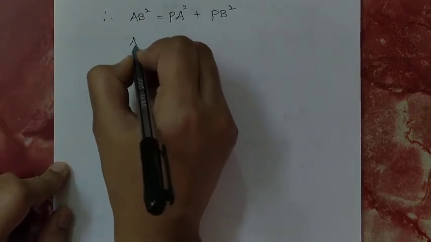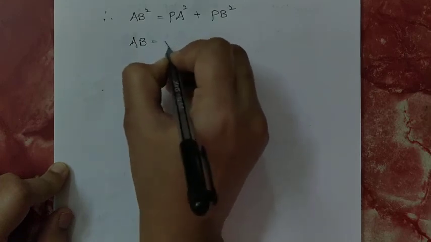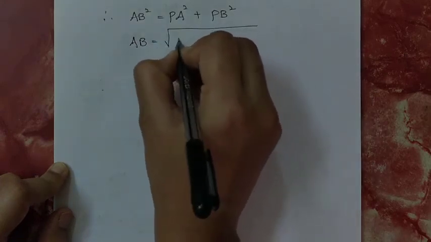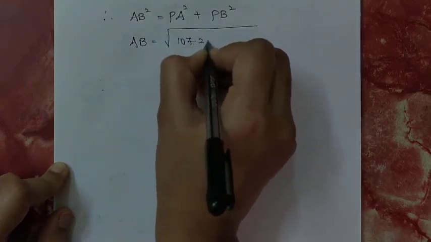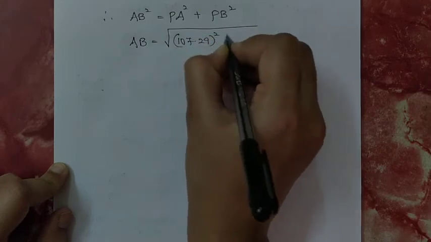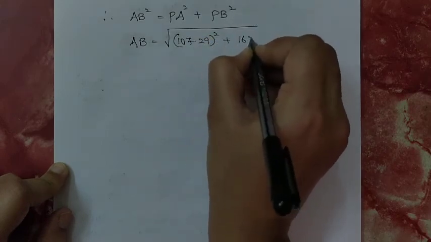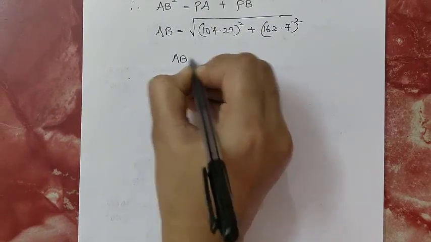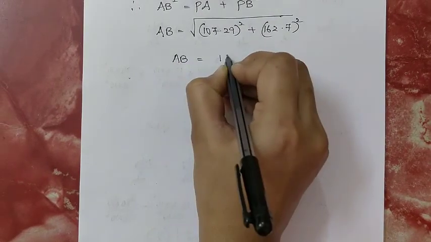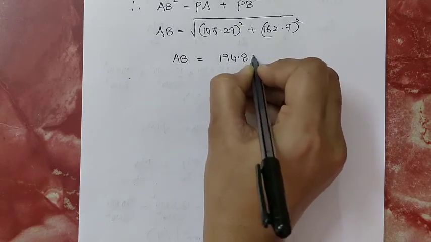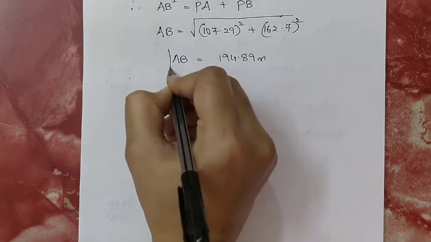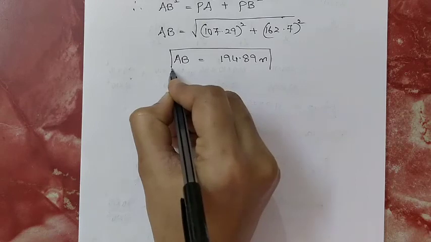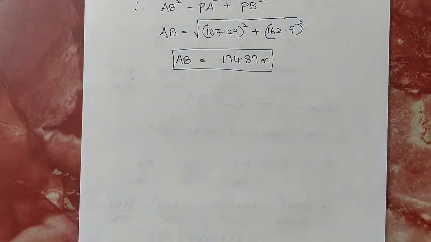You want AB, that is AB equal to under square root of PA is 107.29 whole square plus PB value is 162.7 whole square. Upon simplification, you will get AB as 194.89 meter. This is the gradient between A and B. Thank you.